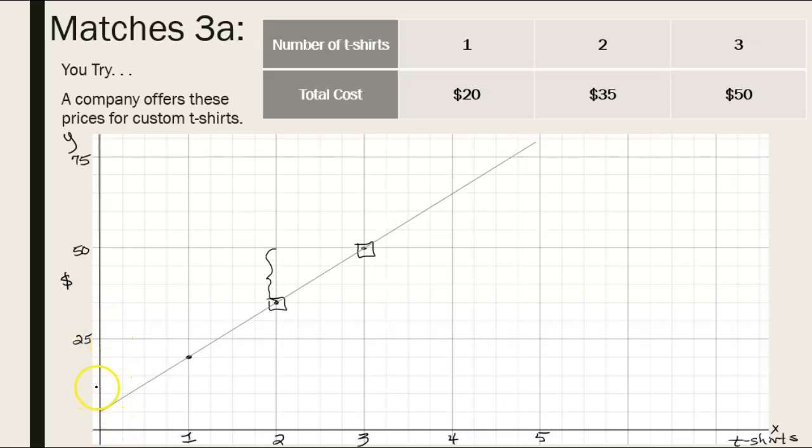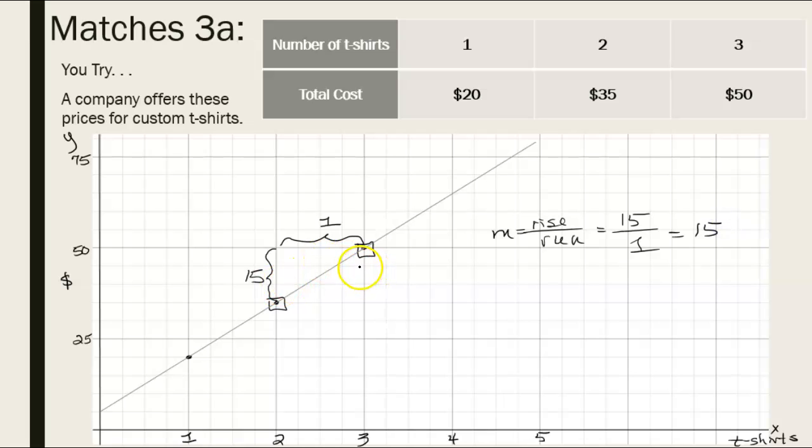This was 5, 10, 15, 20, 25. So this is going to be 5, 10, 15 over this whole horizontal piece here represents 1. So my slope is rise over run, which in this case is 15 over 1. All right, so your slope is 15.